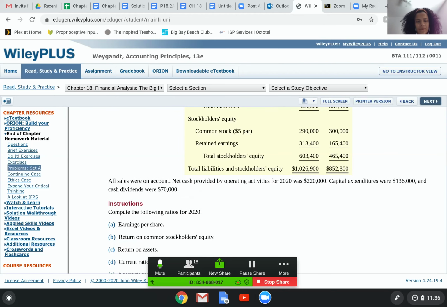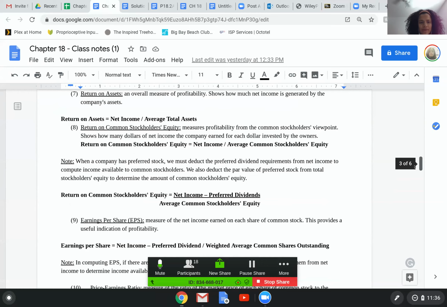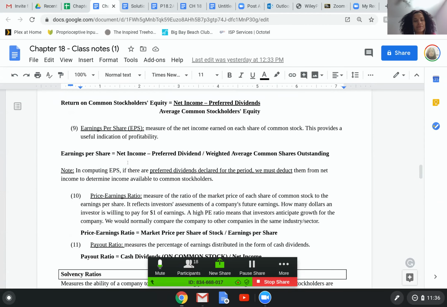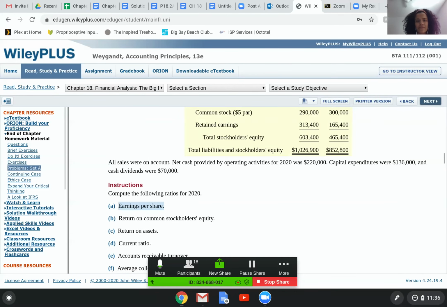So I'm going to, though, start by just clarifying something for earnings per share. You can mostly use these formulas that I gave you already when you're doing the calculation. So earnings per share is calculated as net income minus any preferred dividend divided by the weighted average common shares that are outstanding for the company. So in this question, we're trying to see if they gave us the shares.